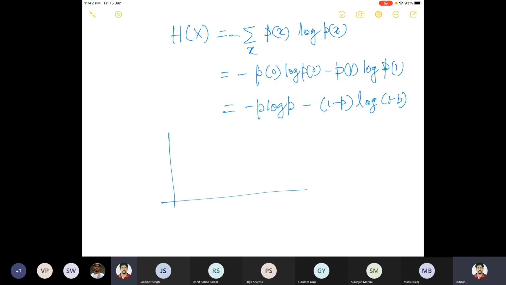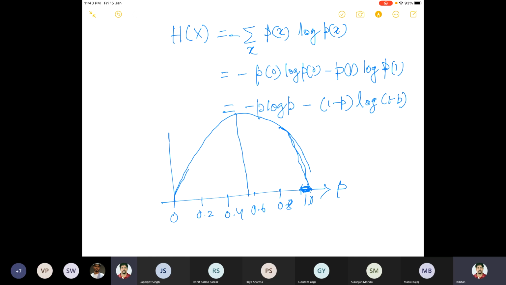If I consider the axis to be p, say 0.2, 0.4, 0.6, 0.8, and 1.0, then you will see that it will take a shape like this, with the high value appearing here at 0.5.